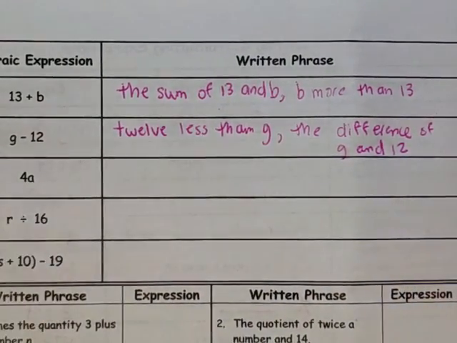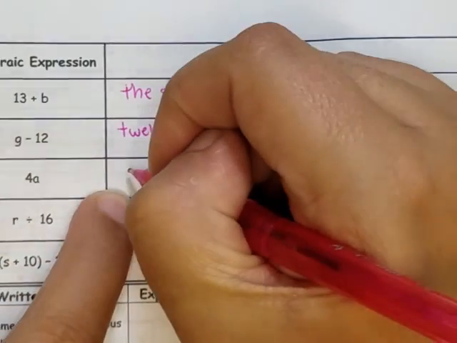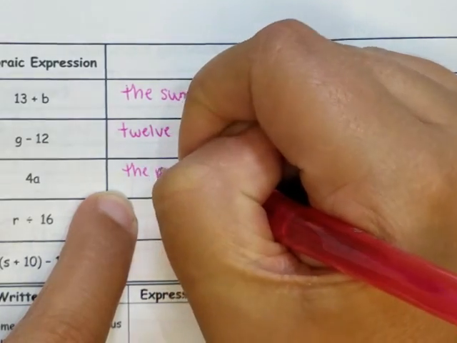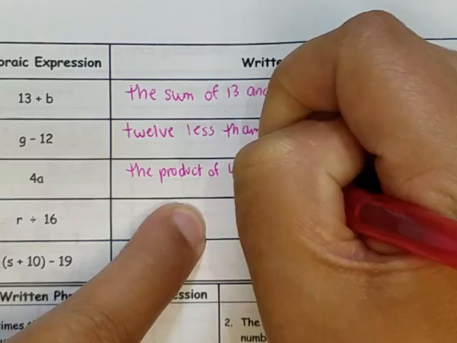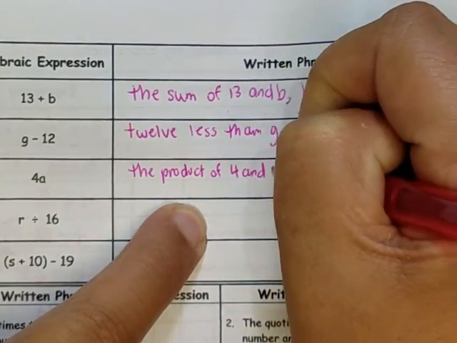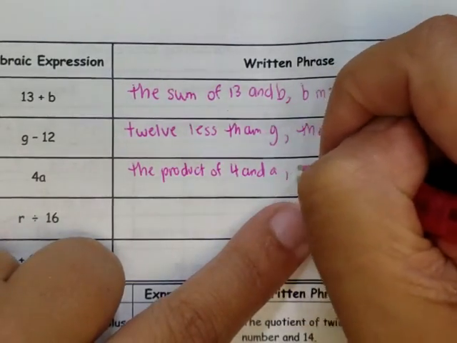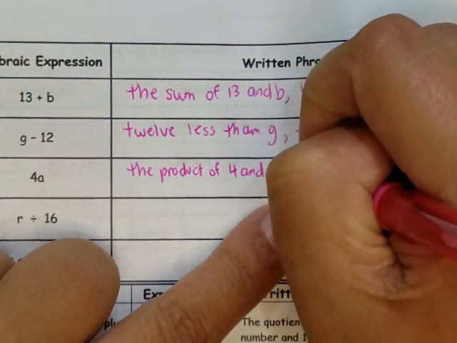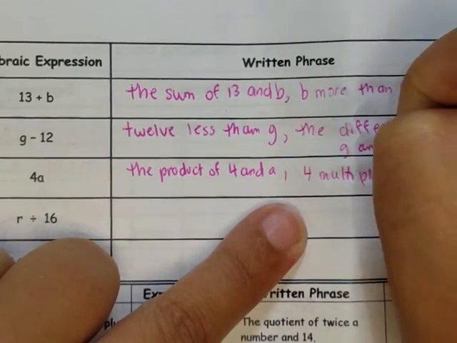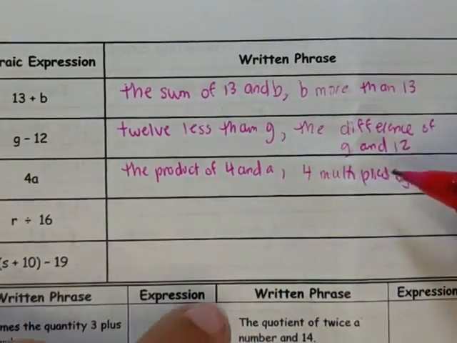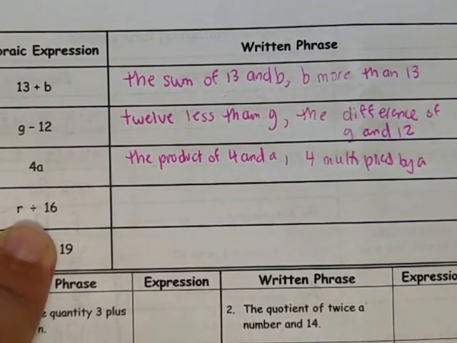All right, the next one, again, a lot of different ways you can write this. The product of 4 and a. You could also say 4 multiplied by a. With this one, just be careful.